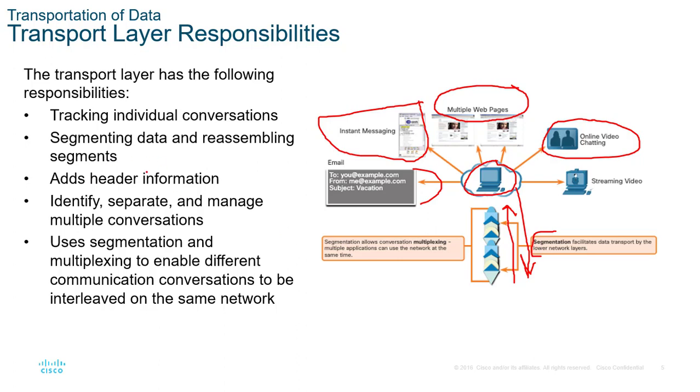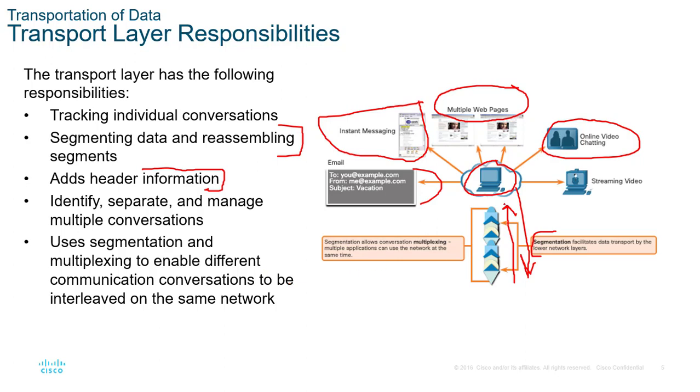It uses extra header information to identify the incoming and outgoing conversations. And it uses the process of segmenting the data to break the conversation into pieces and to resegment them at the other end.